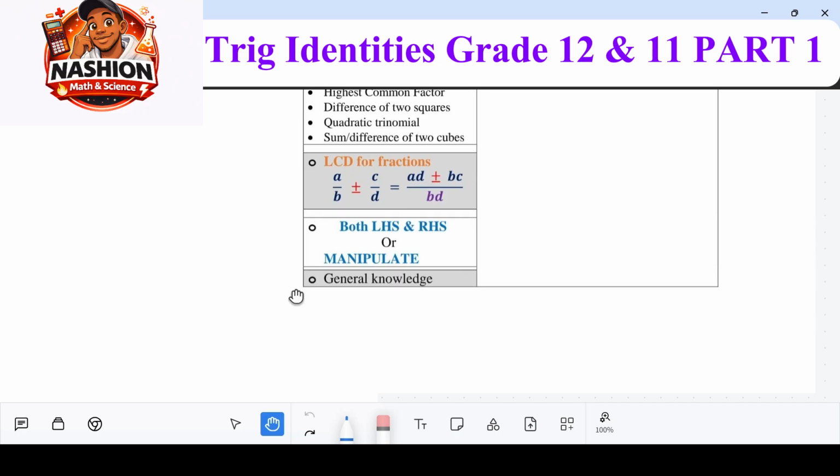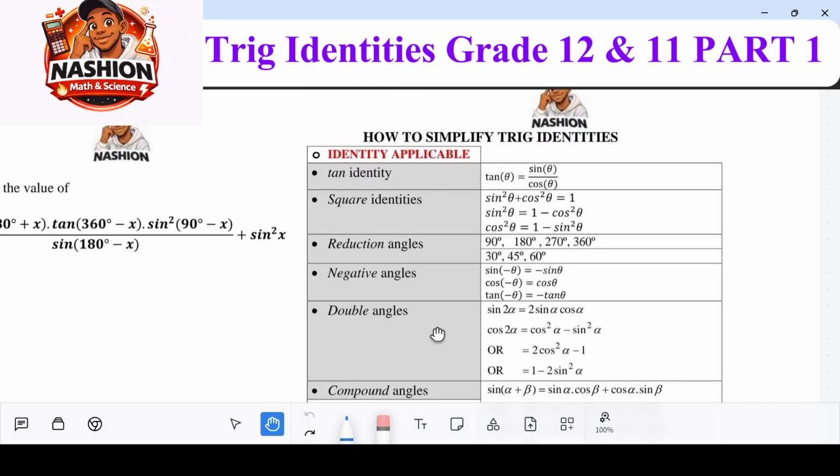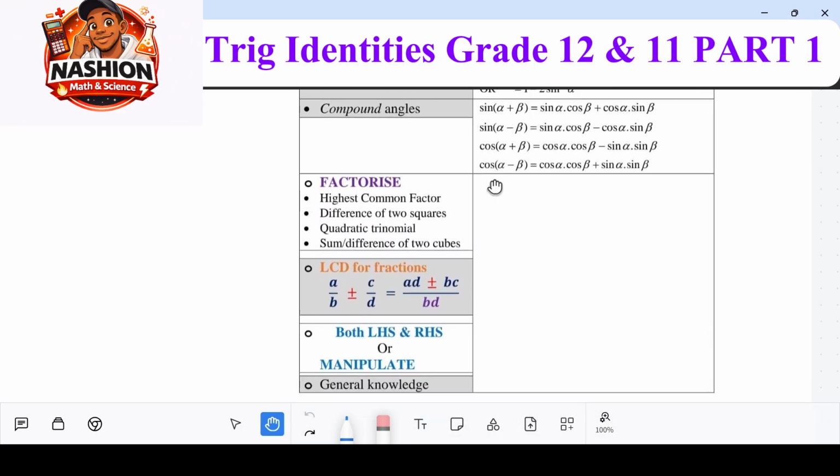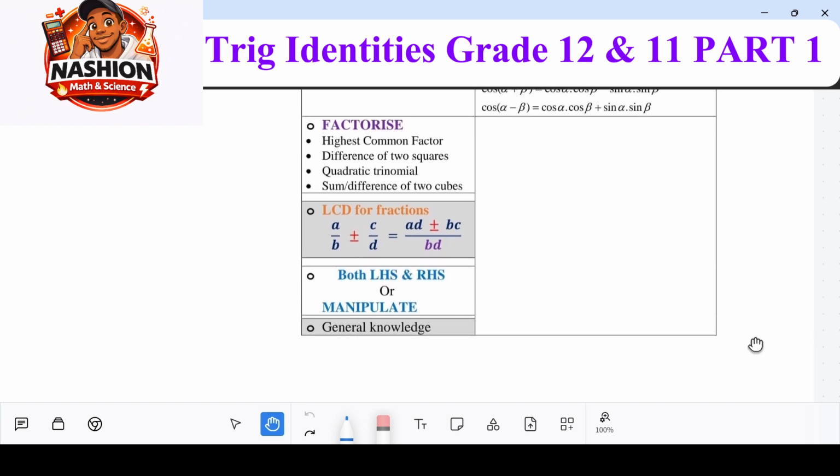Sometimes we're going to be applying just our general knowledge in mathematics, like, say, the knowledge of exponents. Otherwise, remember this process. Trig identities will be about which identity is applicable out of these 6. Factorization sometimes, LCD sometimes, both left-hand side and right-hand side, or just general knowledge.